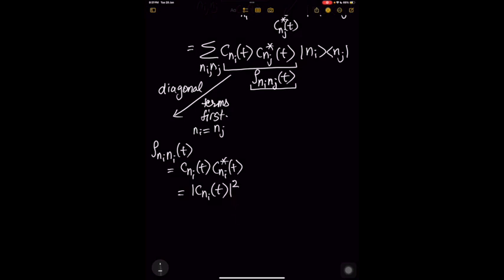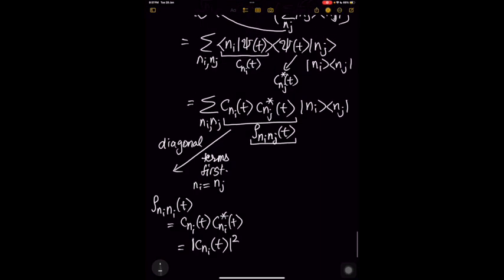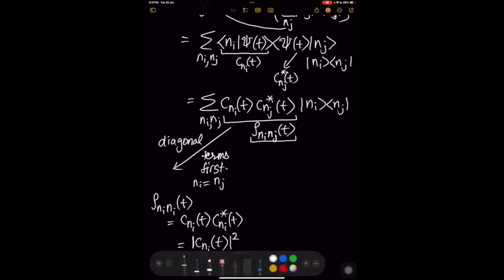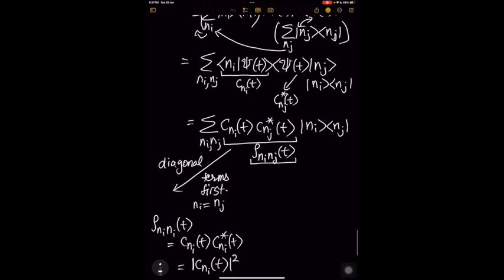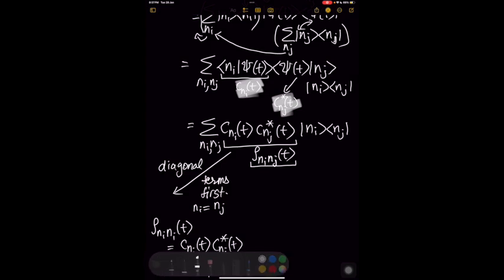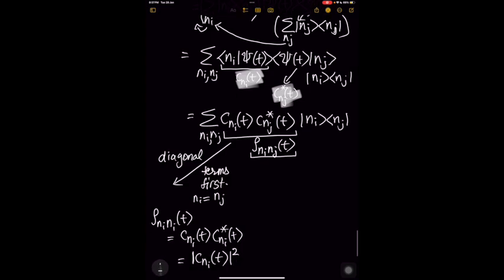Now, something which is important to note is that these are just the coefficients of the state ket onto various basis states. So c n i of t is just the projection of psi on n i, and this is just the projection of psi on n j, and then you take the complex conjugate.